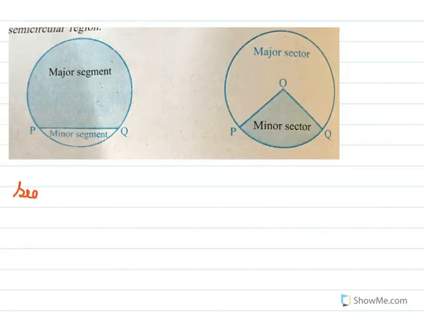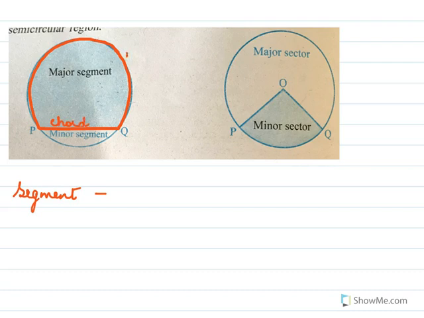Now we'll define a segment. A segment is a region enclosed by a chord. This is a chord PQ and an arc. This area enclosed between a chord, here this is a chord, and an arc is called a segment.